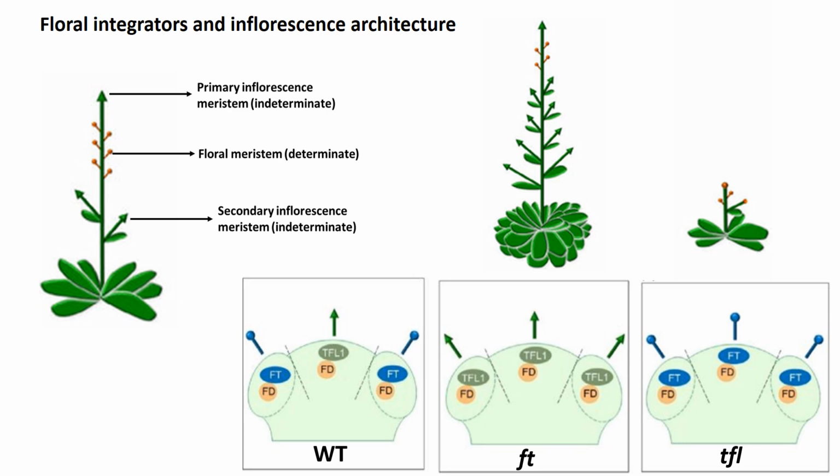Together, FT and TFL1 play a role in fine-tuning the expression of floral meristem genes such that the floral meristem genes are only expressed on the flanks of the inflorescence meristem, while their expression is repressed in the inflorescence axis by TFL1, thus maintaining its indeterminacy.